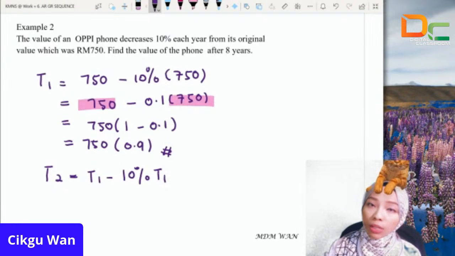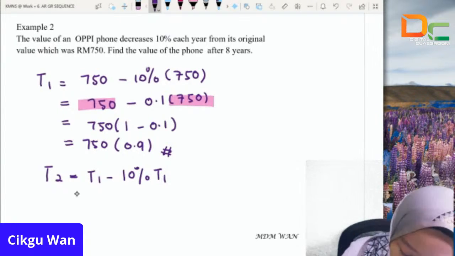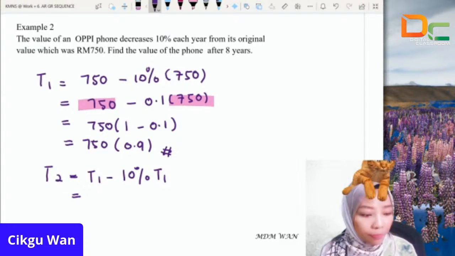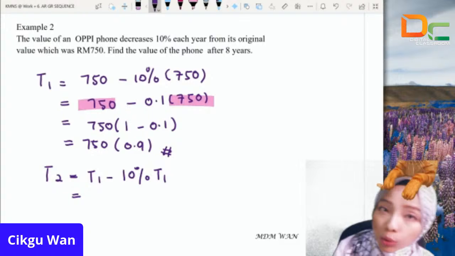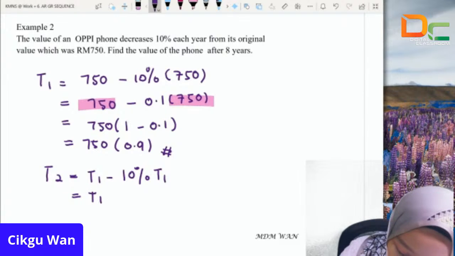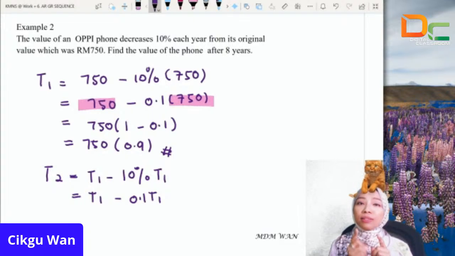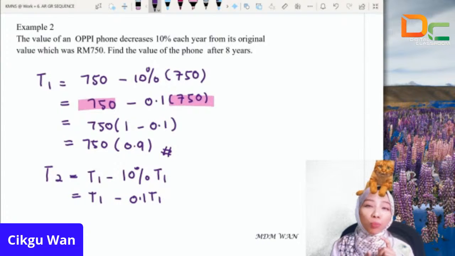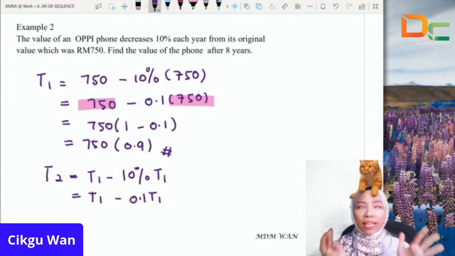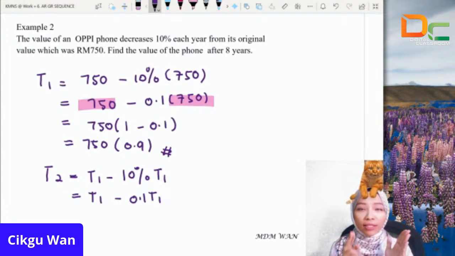So we are going to substitute the T1. So T1 is basically, okay. So dekat sini kita tukar persen kepada perpuluhan. So T1 minus 0.1 T1, right? 10% 0.1. Kalau 90% 0.9. Kalau 8% 0.08.